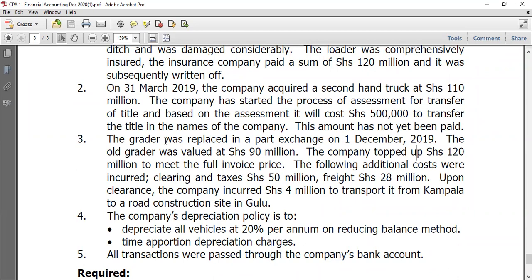So what we shall basically do, since the grader was replaced, is to first write it off from the asset account.